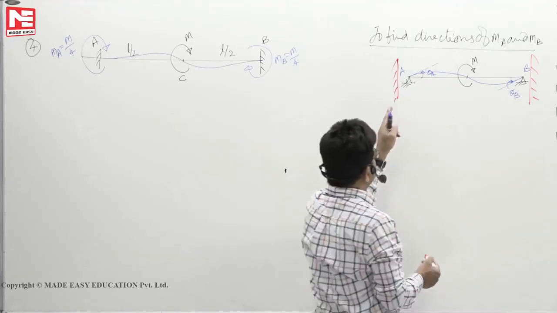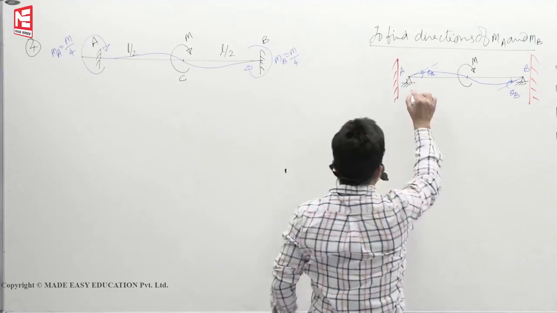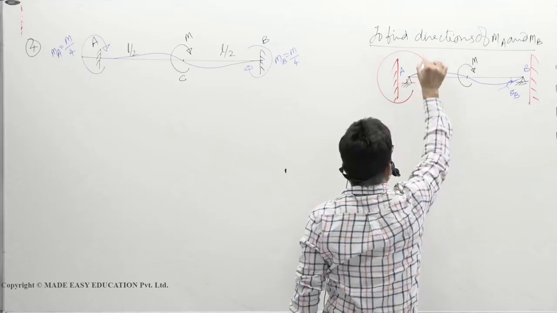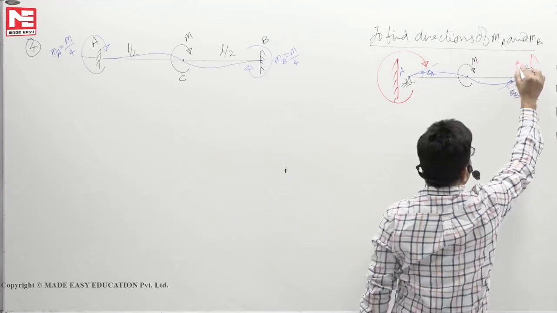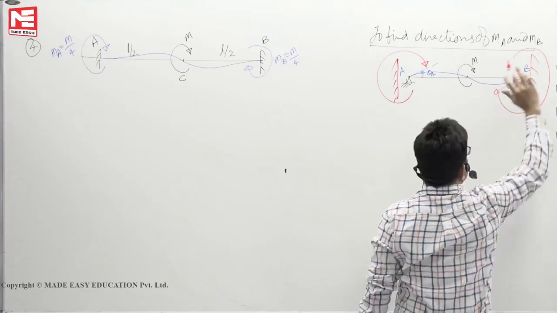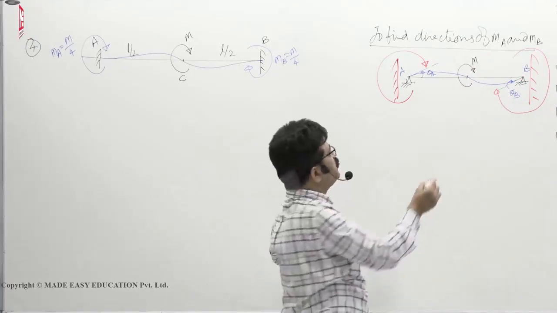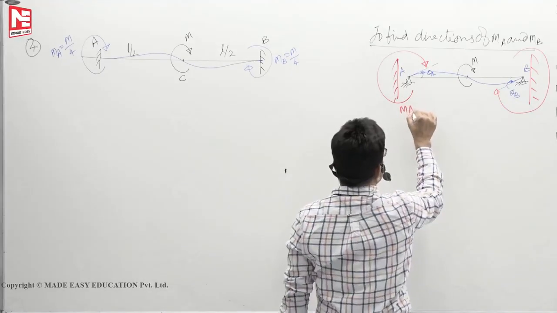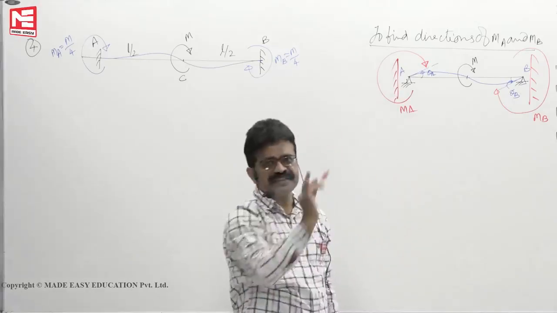For the slope to become 0, this fixed support must go here and press him down. And here also, if this is clockwise, it has to be also clockwise. You have to press him up like that. Then only theta will become 0. Now in the process, reaction MA, MB, and applied moment, all of them are in the same direction.